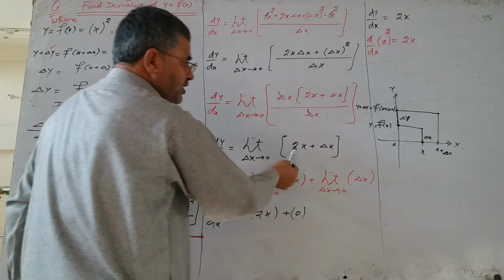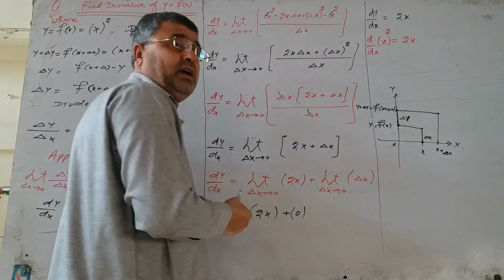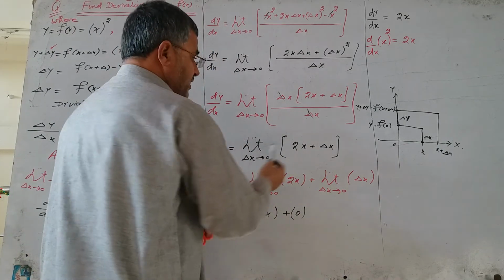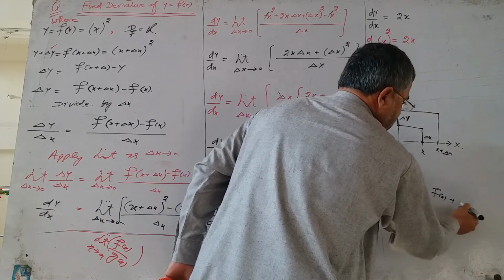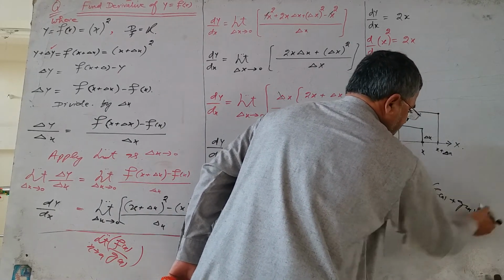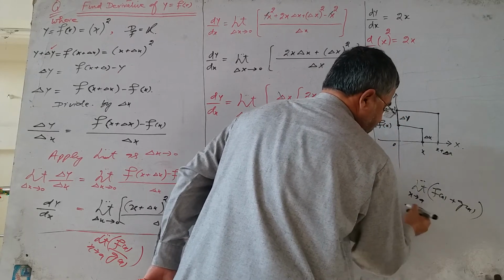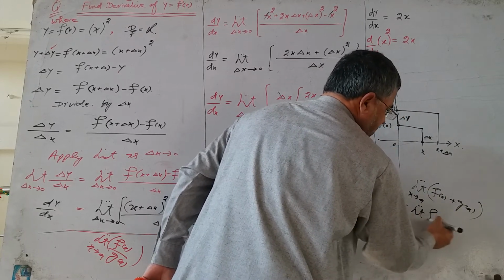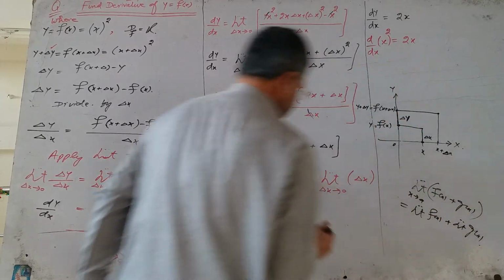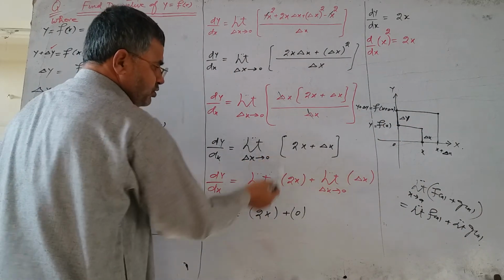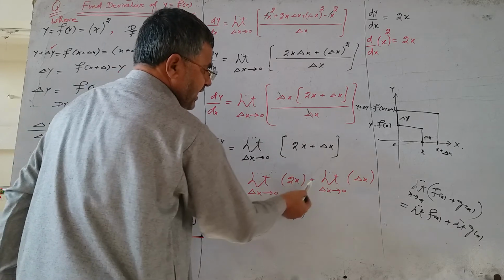According to the definition of the sum of two functions, when the function is in the form of f of x plus g of x and we have to calculate its limit, this is equal to the limit of the function f of x plus the limit of the function g of x. Therefore, we apply the limit to 2x and apply the limit to del x.